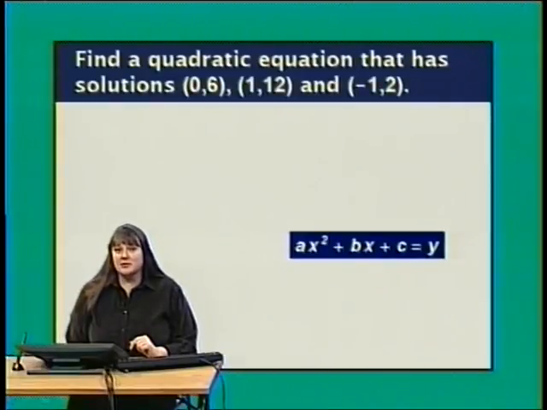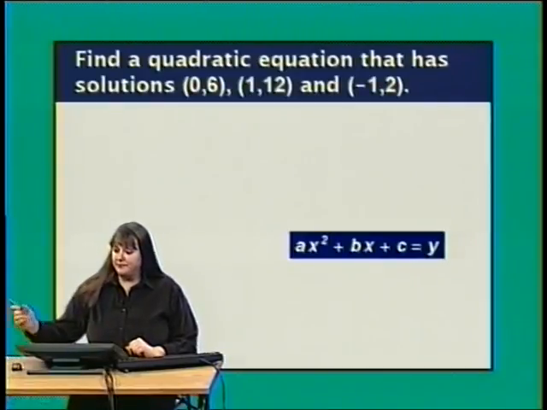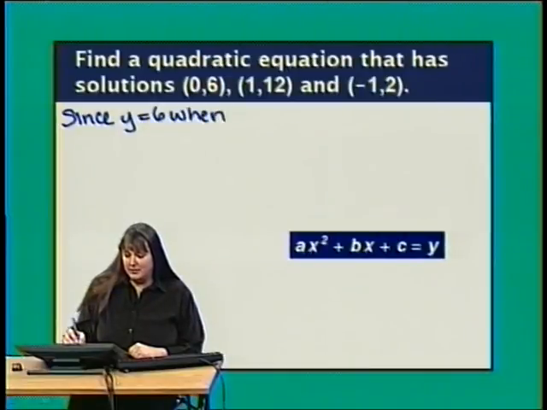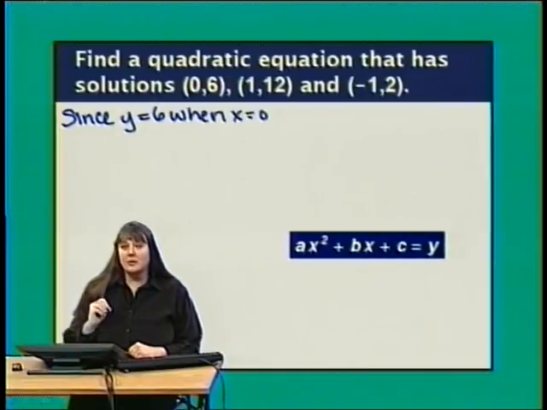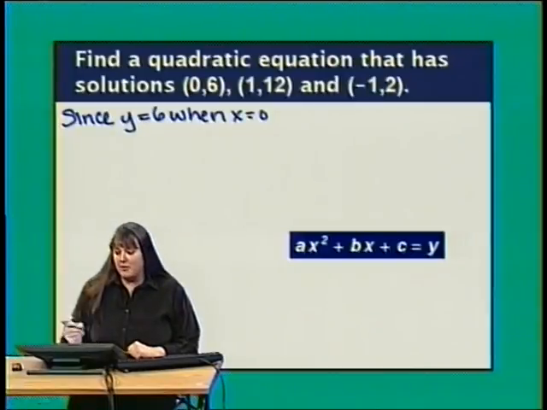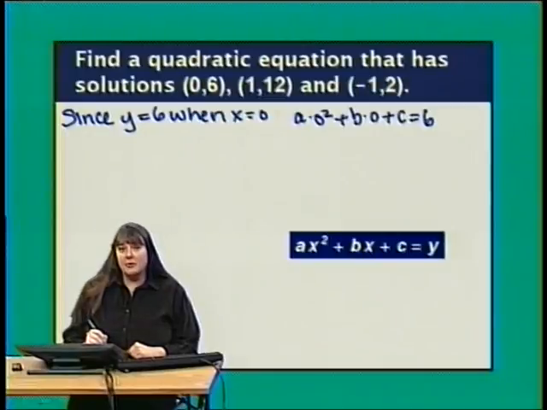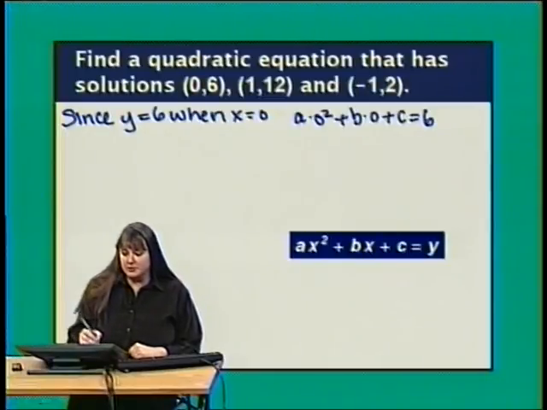Thinking about that first solution, (0, 6), well, since y equals 6 when x equals 0, then using our standard form of a quadratic equation, we have a times 0 squared plus b times 0 plus c equals 6.